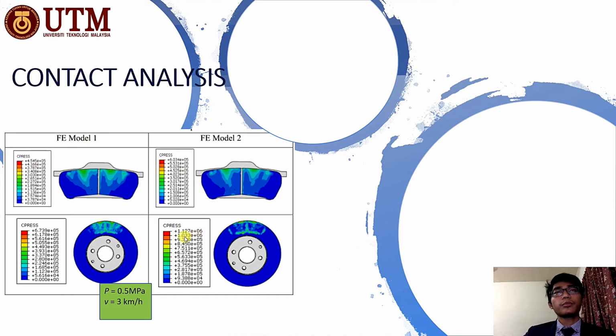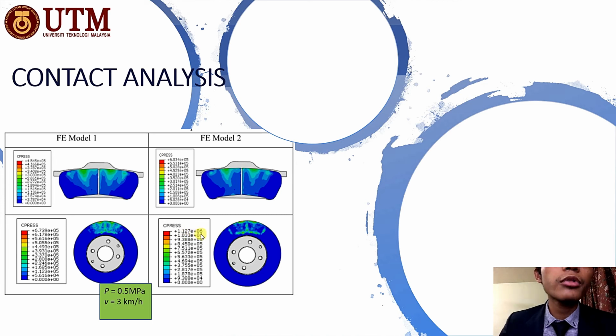Also, the pressure exerted on the disc is 1.1 megapascal for FE model 2 and 0.6 megapascal for FE model 1. The area of distribution for the pressure is also bigger at FE model 2 compared to FE model 1.